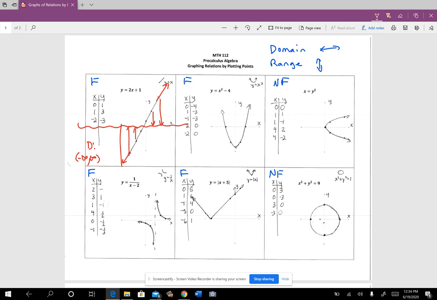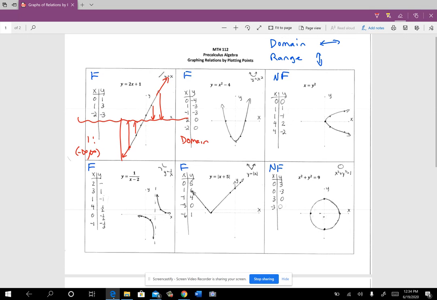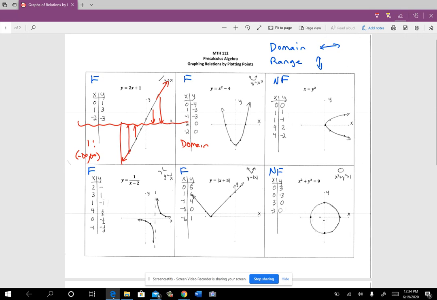All right, let's do the domain of these 6. Okay, so here when I do domain, be thinking about from left to right. Just go ahead and write out the word since I have the space. And then like this point would project up there, all of these below here would cover up the x-axis there.